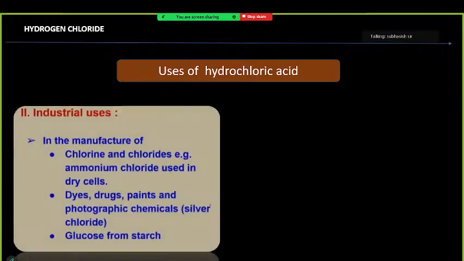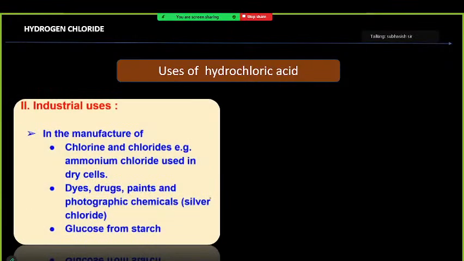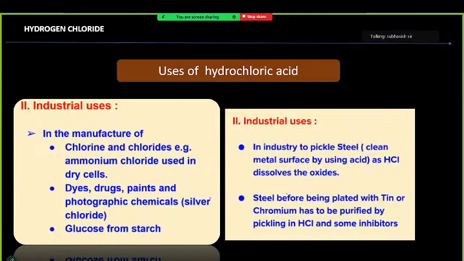Now, some uses of hydrochloric acid: it is used for chlorine preparation, ammonium chloride for dry cells, drugs, and glucose from starch. These are some industrial uses, and it is also used as a pickling agent.